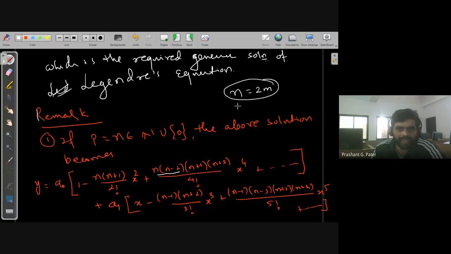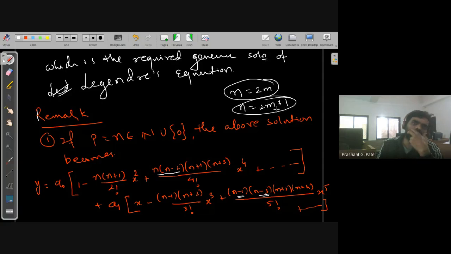And if n is of the form 2m plus 1, that means it is an odd number, then this has the pattern n minus 1, n minus 3, the next term will be n minus 5 and so on. So after the term n minus 2m plus 1, all the rest of the terms will be 0. So in that case, the y2 will be a polynomial.